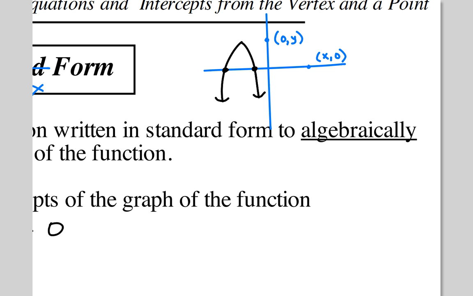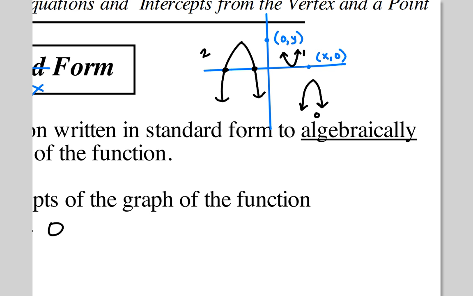You could also have 1 if it did this. And you could also have 0 if it did this. Okay? So those are the possibilities: 2 x-intercepts, 1 x-intercept, and 0 x-intercepts. Does that make sense? Depending on the PQ value, right?